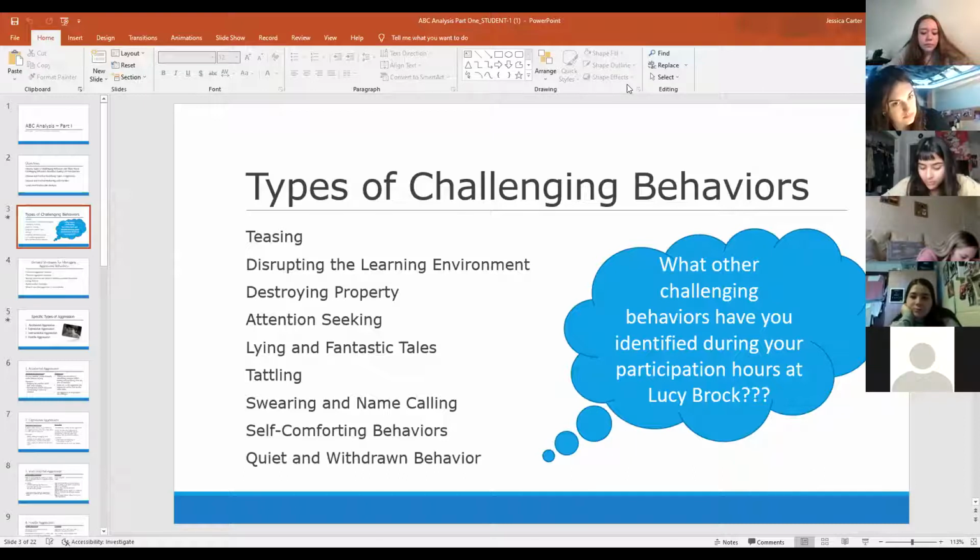I mean, there's a really wide gamut of attention-seeking behaviors that children can exhibit. One that I would like to point out that can be a challenging behavior and can be attention-seeking and really doesn't look like that on the surface is children who are incredibly withdrawn. So sometimes children shut down, they retreat, they might hide under the table, they might just do things that are sort of atypical in an effort to get attention.